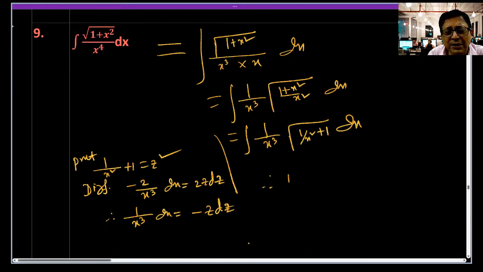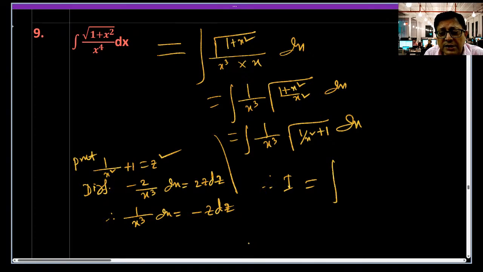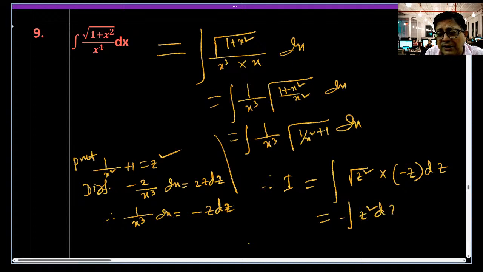So I is going to be what? I equal to, this you replace, and this is z, root z square, and this is very good sum, very important sum. So this is minus z square dz. Z cube by 3 plus c.